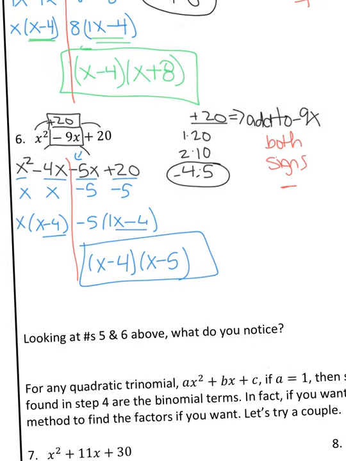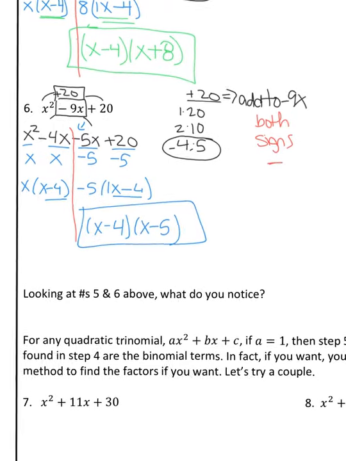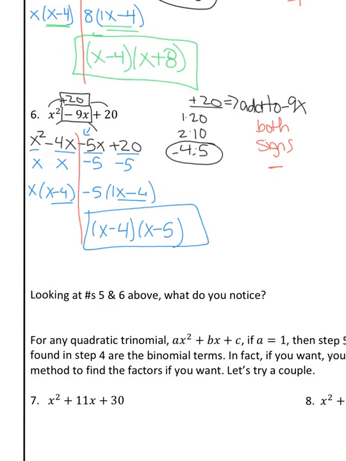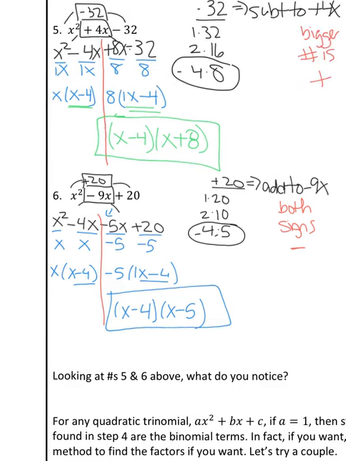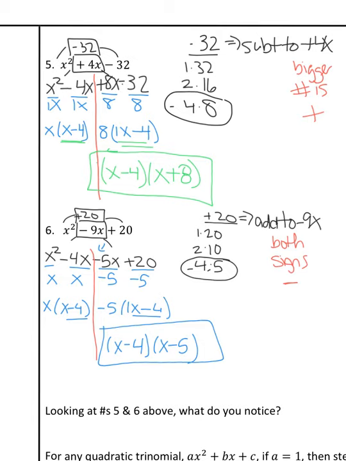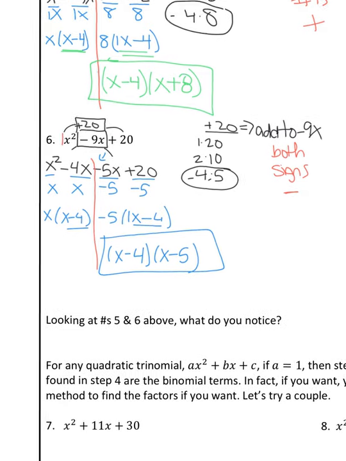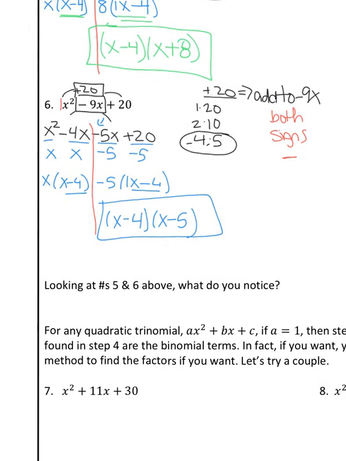But if you notice when you're looking at the numbers above here, you should notice that the A term for both of these is a 1. And so what we're going to see here is that if you have a trinomial, ax squared plus bx plus c, and the a is 1, the a has to be 1.